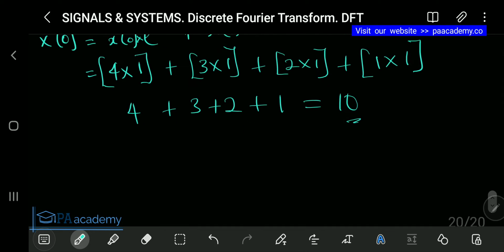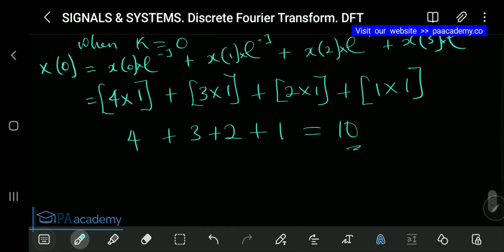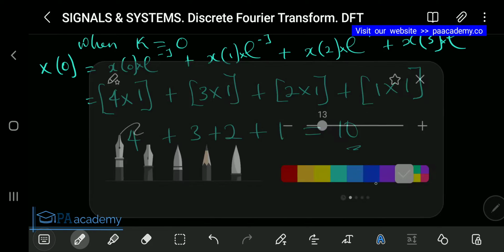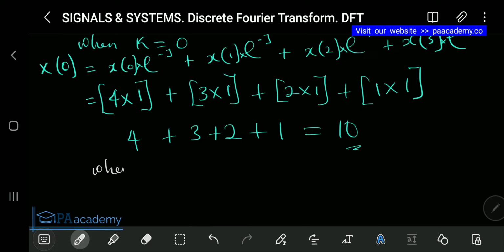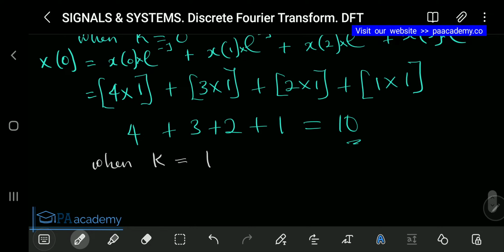So the next thing now is x of 1. That means when k, so let me just change the color. So now when k is equal to 1, we are going to repeat the same thing, although we are going to get some different value.